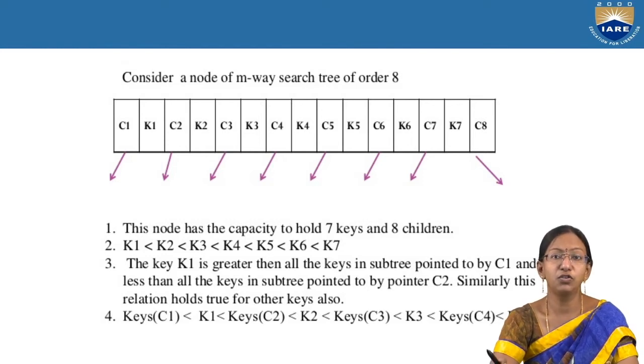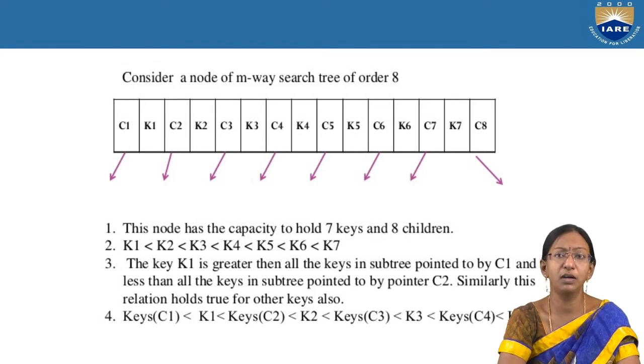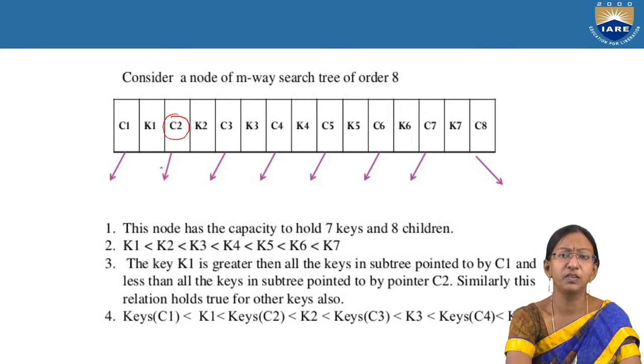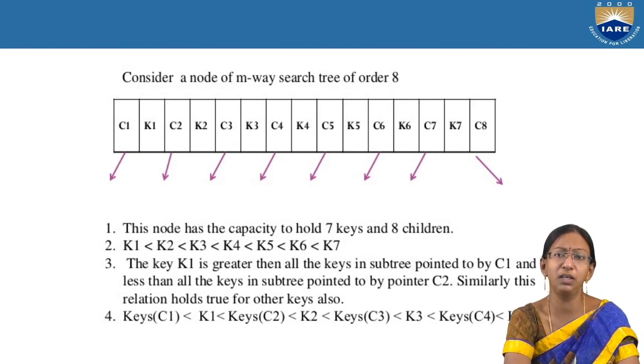The nature of the children nodes will be such that the child at C2 will have values between K1 and K2, as it lies between the two keys K1 and K2.